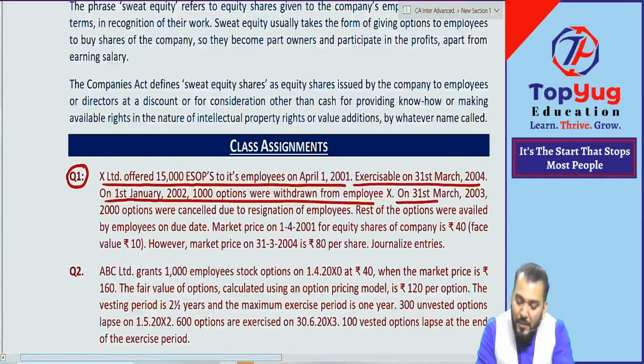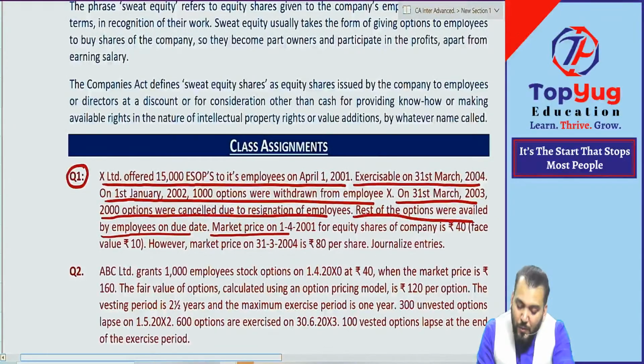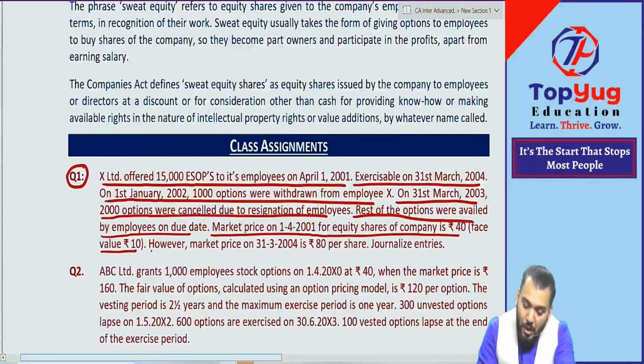On 31st March 2003, 2000 options were cancelled due to resignation of employees. Rest of the options were availed by the employees on due date. Market price on 1/4/2001, the grant date, for equity shares of the company is 40. Face value is equal to 10. Face value and fair value are different. Face value means nominal value. However, market price on 31st March 2004 is 80 per share. Pass the journal entries.